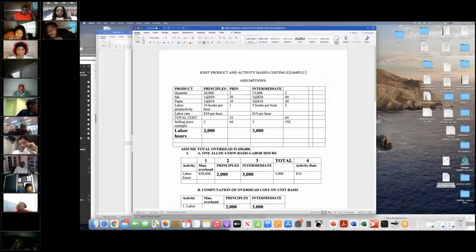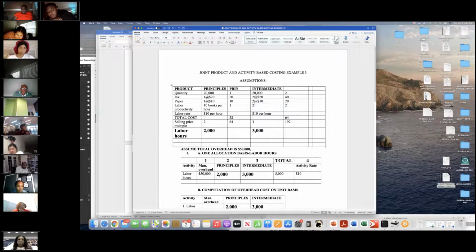All right, time for example 3. We're going to make the quantity of intermediate 20,000 also. And it's going to take 2 hours per book.